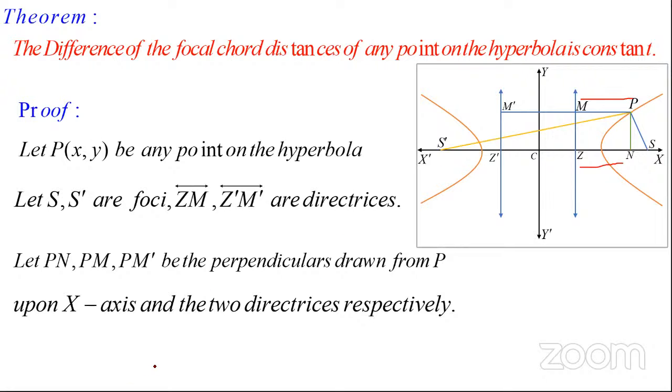So I'm taking here, this is the center, this is the directrix, and this is one point P on the curve. Then this is the focus, and this value is PM. A perpendicular line from P to the X axis is PN.